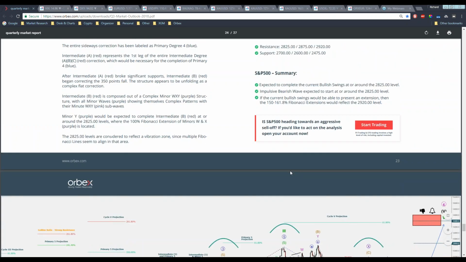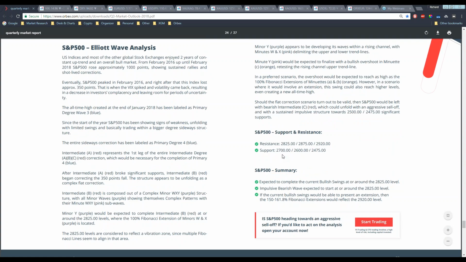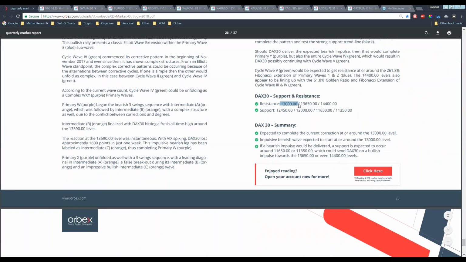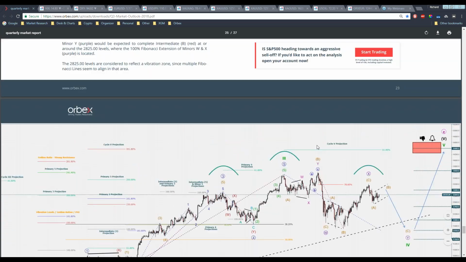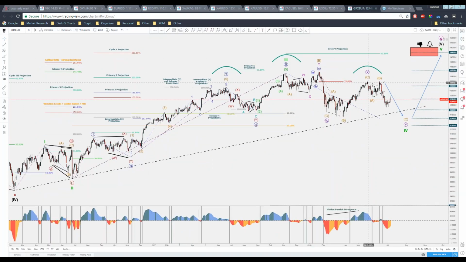Let me just go back to it. Okay, and the start of the day, DAX, which is, in my personal opinion, let's see, what is it? Okay, resistance 13,000. What I'm saying here is that 13,000 could possibly be the end of this B wave and then the C wave to commence, somewhere right here.